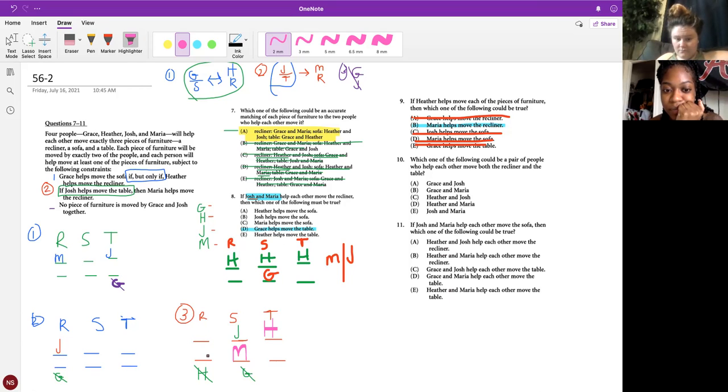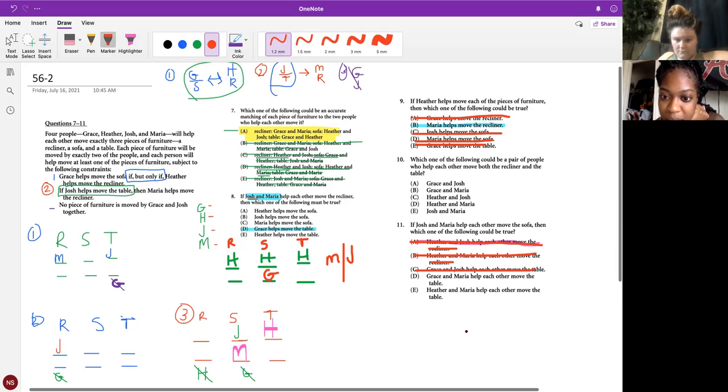No. H and M help move the recliner. B is wrong too. Grace and Josh. C is wrong. Grace and Maria help each other move the table. D is wrong. So yeah, E.